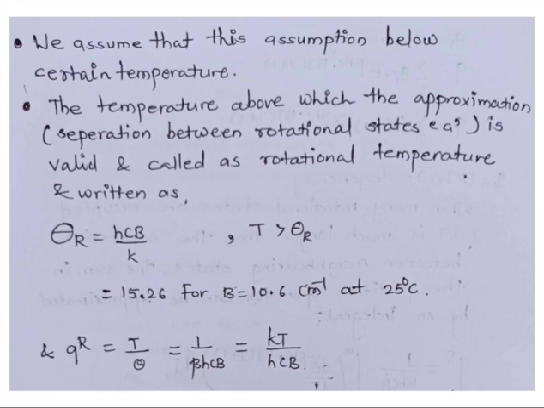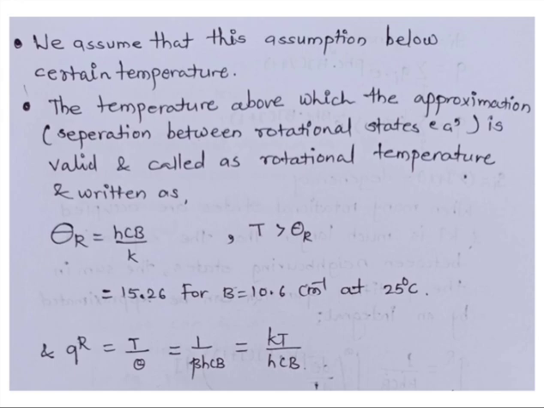The value of theta R will be 15.26 when the separation of energy levels, or the rotational constant value, is given as 10.6 per centimeter, and the temperature is 25 degrees Celsius.